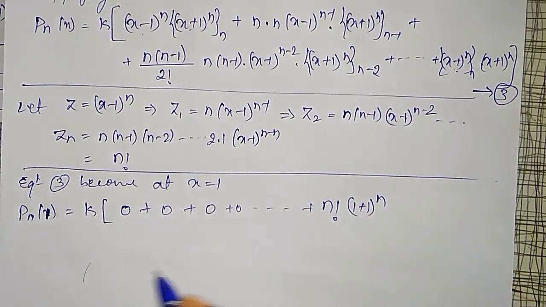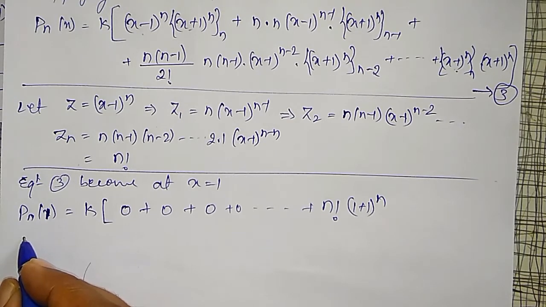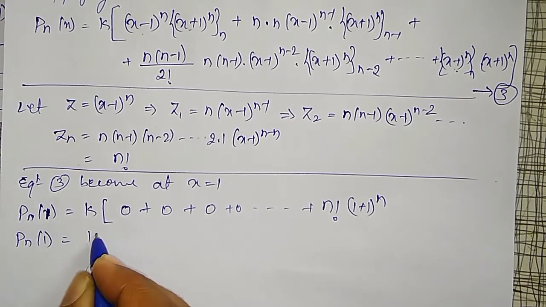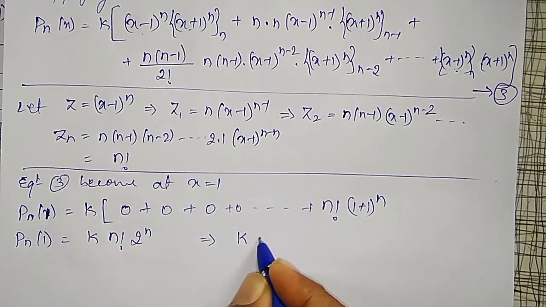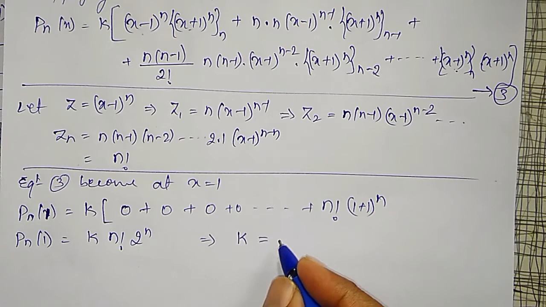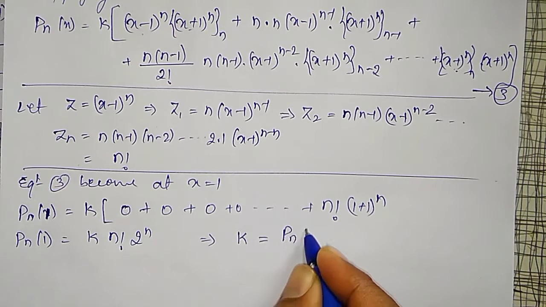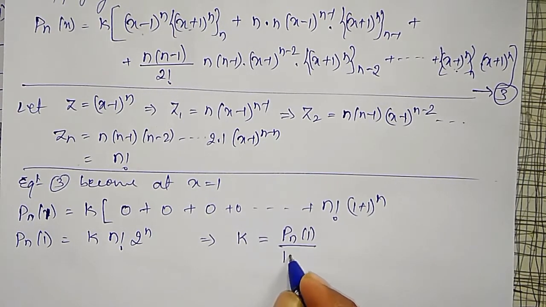That is, Pn of 1 is equal to k into n factorial into 2 raised to n, which implies k is equal to Pn of 1 divided by n factorial into 2 raised to n.